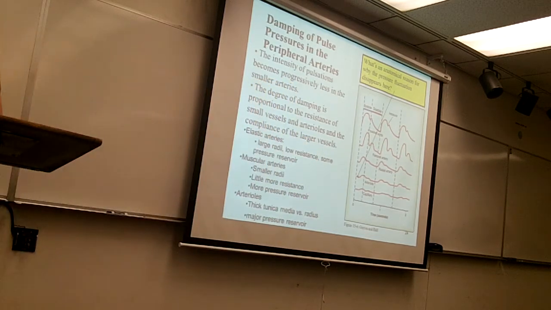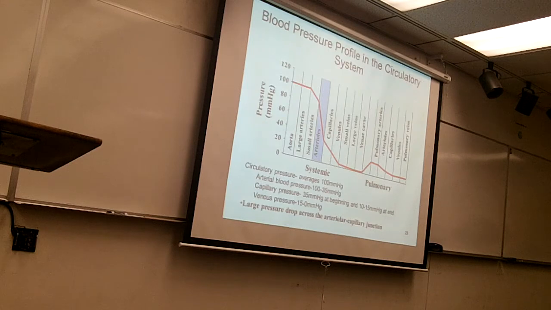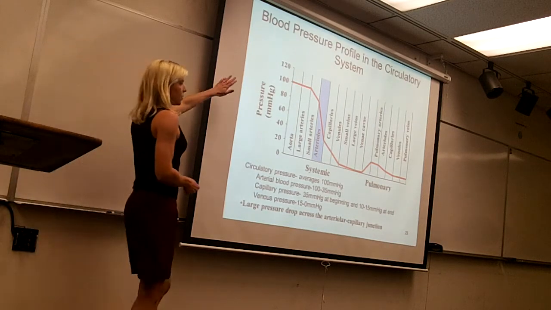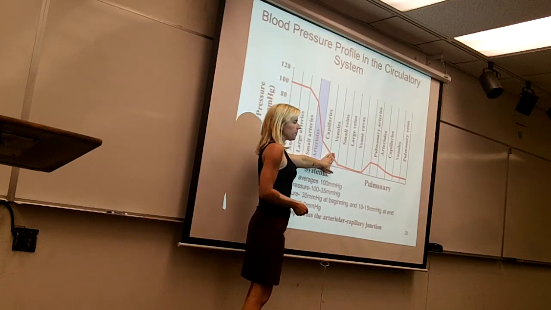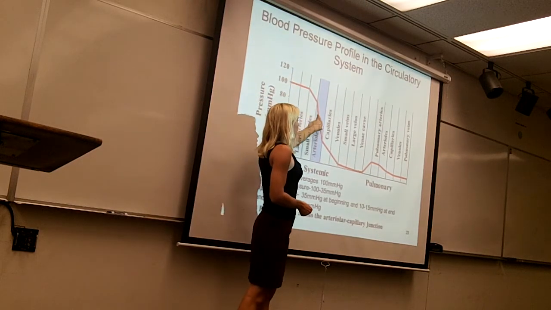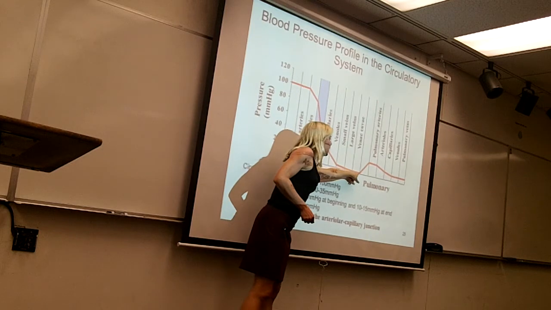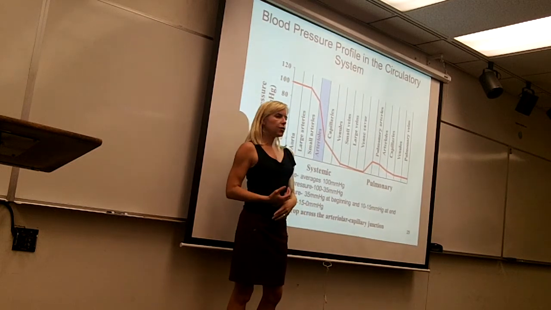So, the arterioles are called your resistance vessels, or a pressure reservoir, because they are going to have a dampening effect on the pulse pressures. So, all blood vessels have blood pressure, but the blood pressure drops from the aorta to the vena cava and finally to the right atrium.